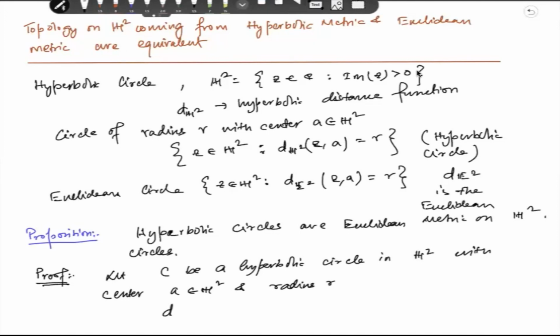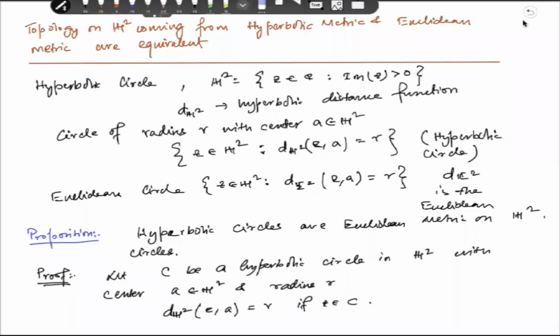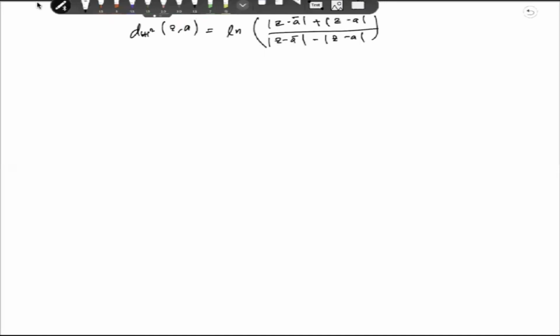Therefore the hyperbolic distance between z and A is equal to r if z belongs to C. Now we know the distance formula between z and A. The hyperbolic distance is given by log of (|z minus a bar| plus |z minus a|) divided by (|z minus a bar| minus |z minus a|), and this is equal to the constant r.